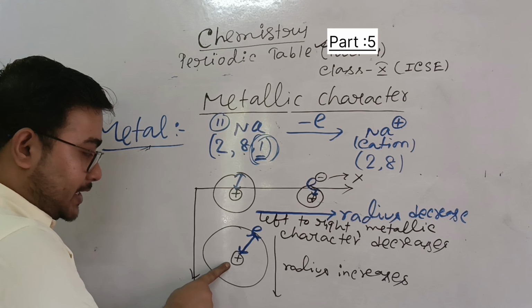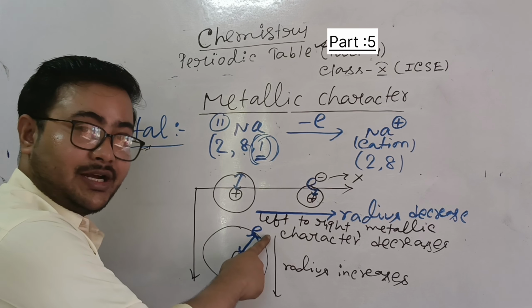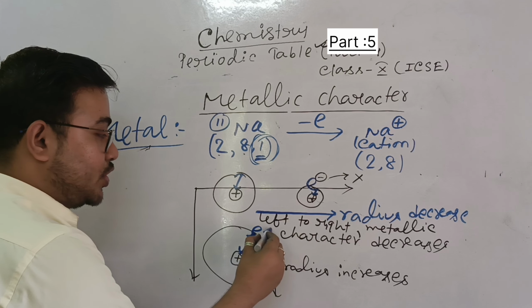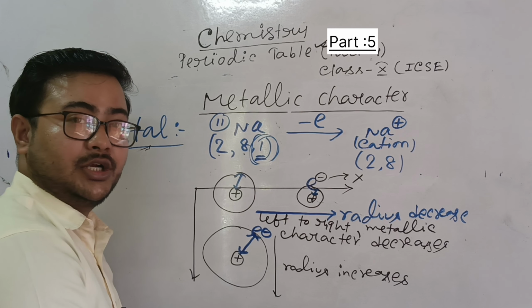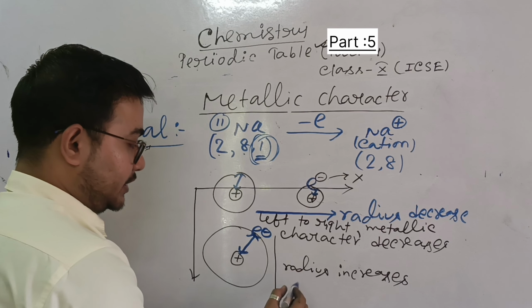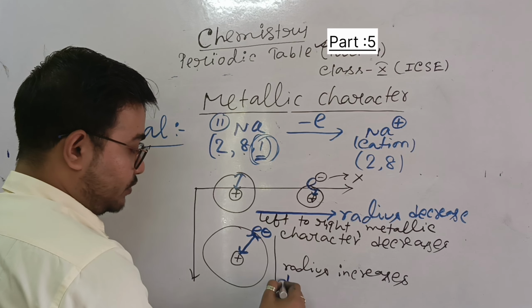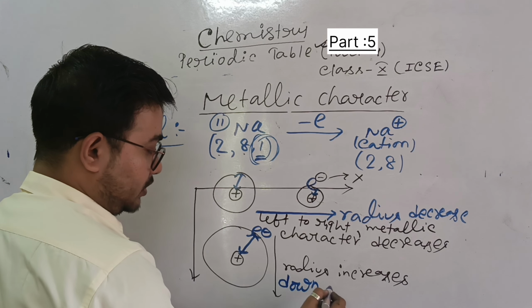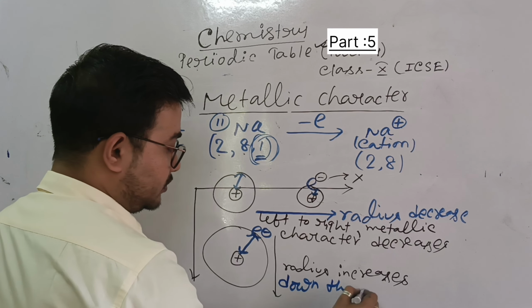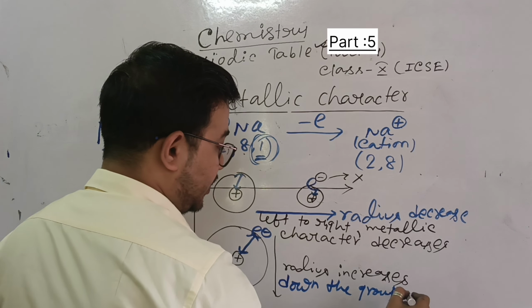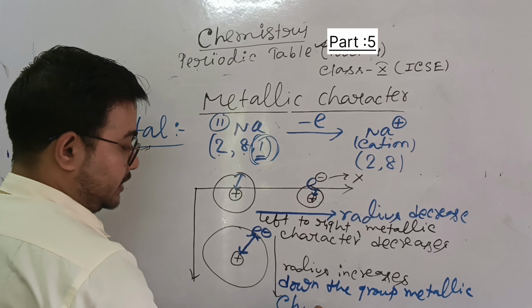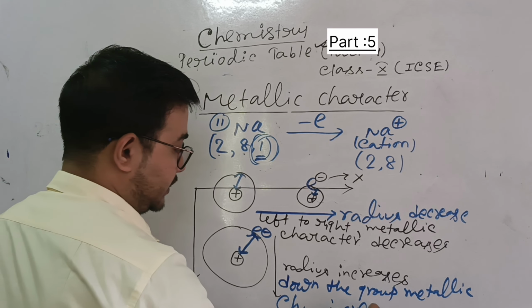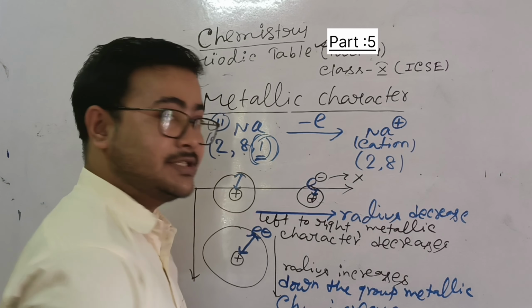So the nucleus cannot attract this electron with strong nuclear force, and we can easily remove this electron. So metallic character increases as we move downwards, down the group. Do you understand this concept?